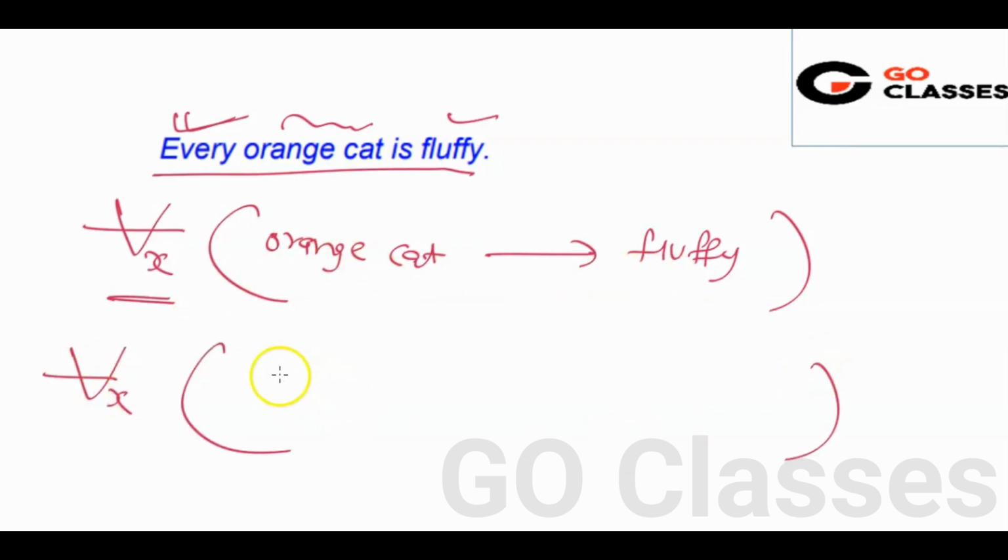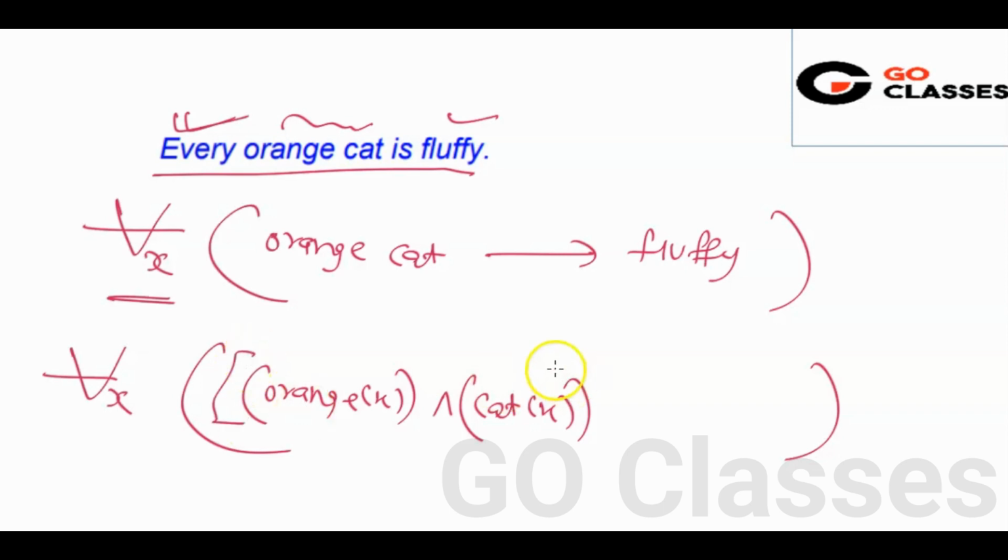For all X, if it is orange and it is cat, then it is fluffy. So the point is very simple.